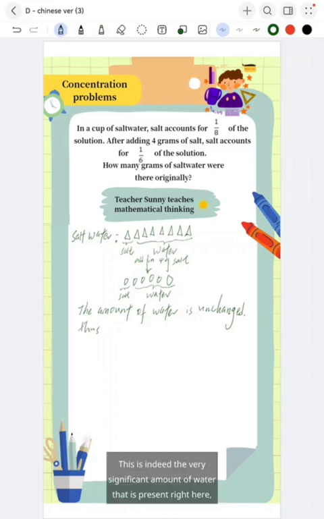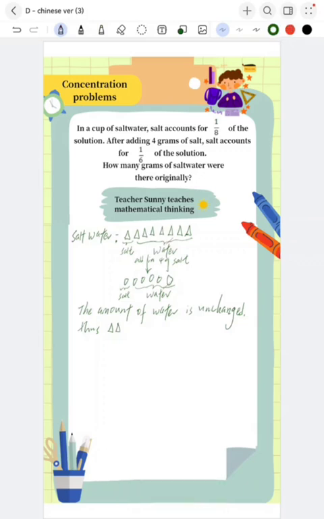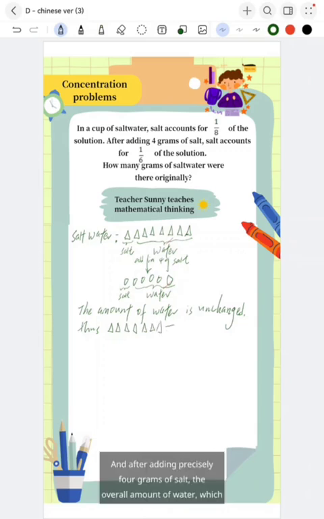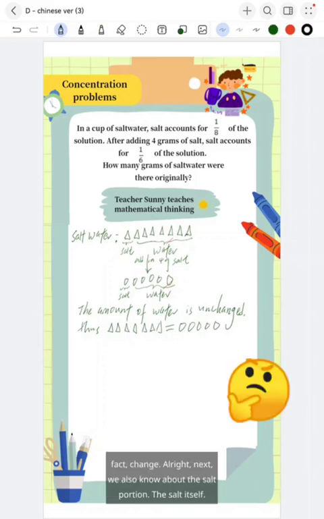This is the amount of water that is present right here, and this is the amount of water that is located over here. Here there are 7 triangles representing the water. And after adding 4 grams of salt, the overall amount of water, which is still 5 parts, remains the same. The total amount of water does not change.